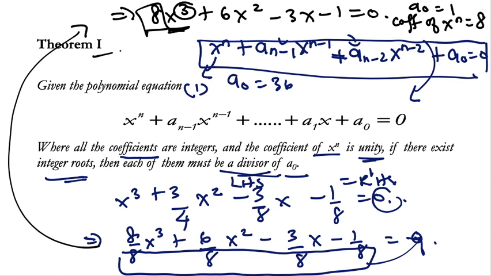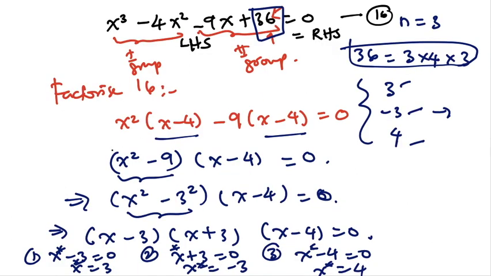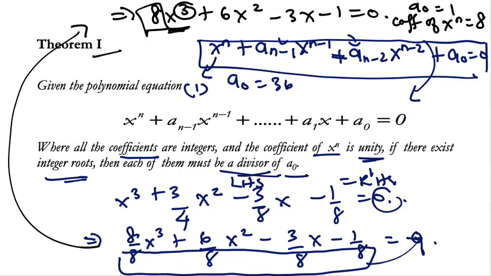But if you look at theorem number 1, in order for you to use this method that I've explained to you earlier, and also to find integer roots using theorem number 1, the coefficient of x to the power of n has to be unity, or 1. What's the coefficient of x to the power of n in this case?